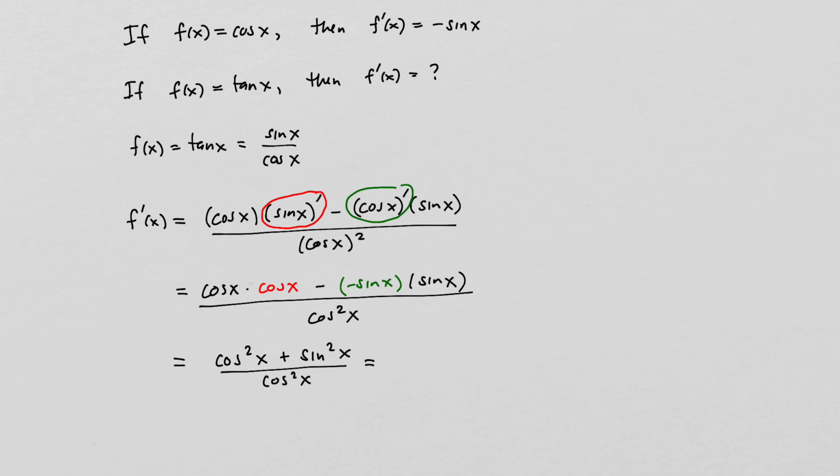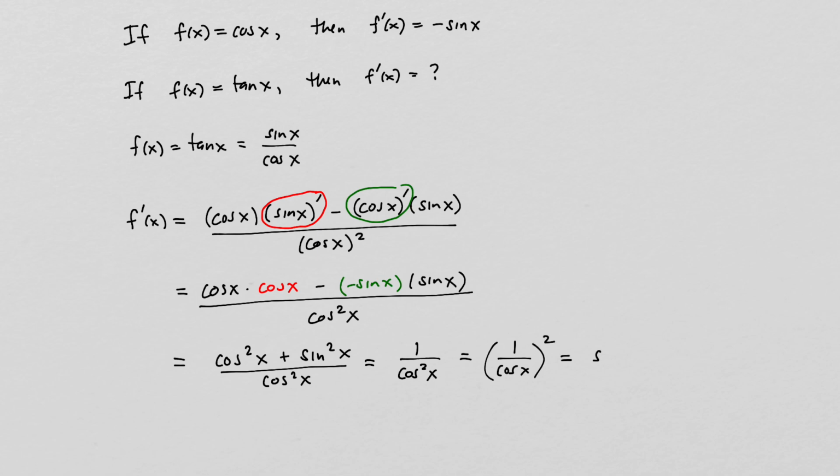And now let's remember one of our most fundamental trigonometric identities, which is cosine squared of x plus sine squared of x is equal to 1. So this becomes 1 divided by cosine squared of x. Now, this is the same as 1 over cosine of x quantity squared.